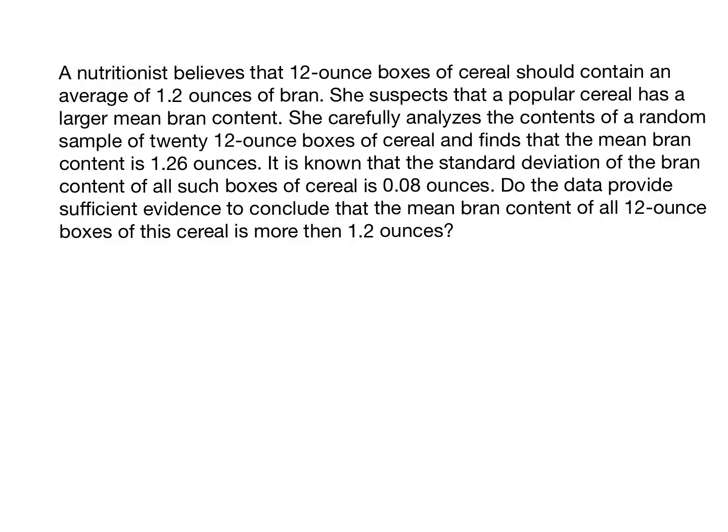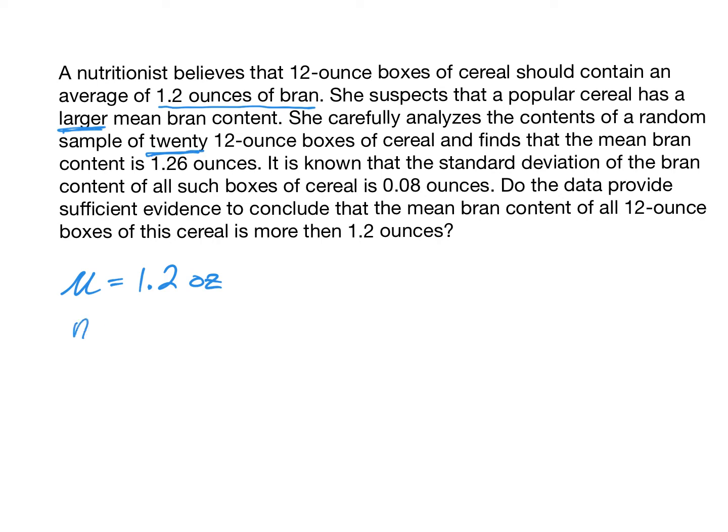So here we go. A nutritionist believes that a 12-ounce box of cereal should contain an average of 1.2 ounces of bran. That's our mu, 1.2 ounces. She suspects that a popular cereal has a larger mean bran content. She carefully analyzes the contents of a random sample of 20 12-ounce boxes of cereal.